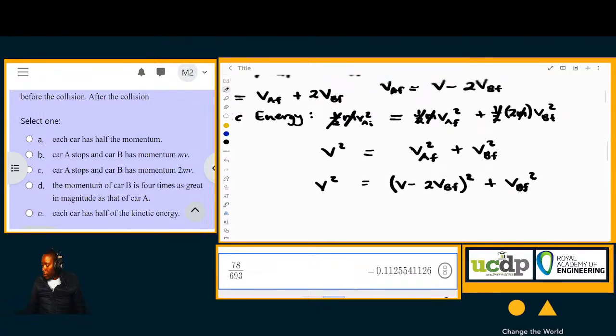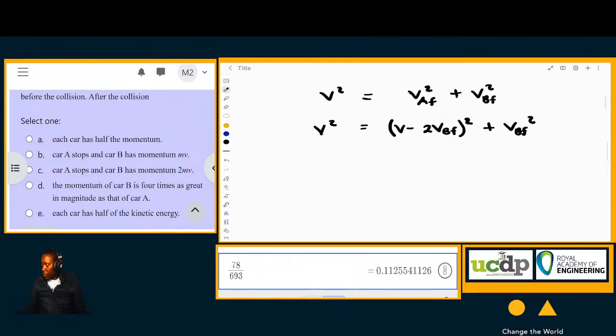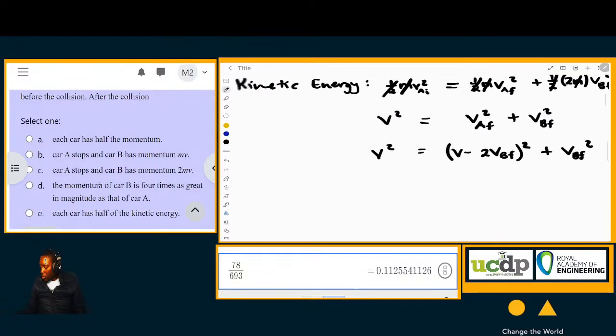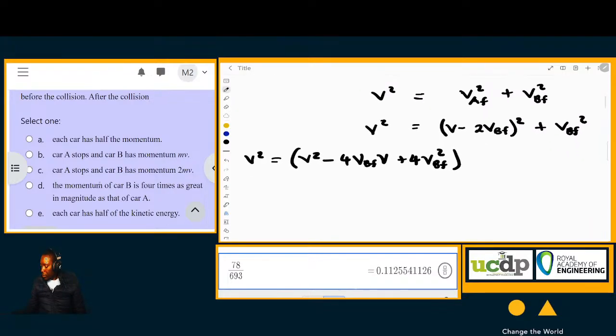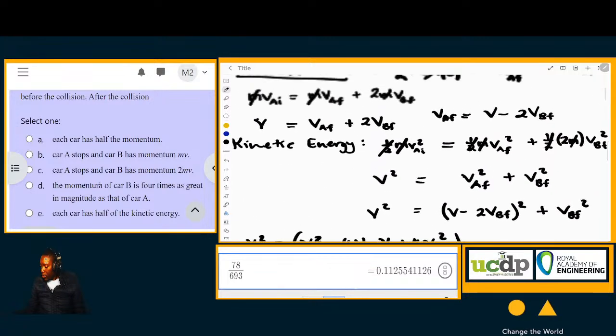Let's try to solve that one. V squared is equal to, squaring this gives us V squared minus 4VB final times V plus 4VB final squared. I hope I did that right.